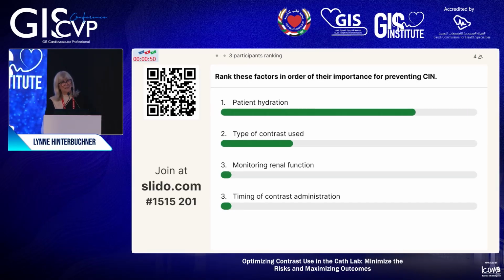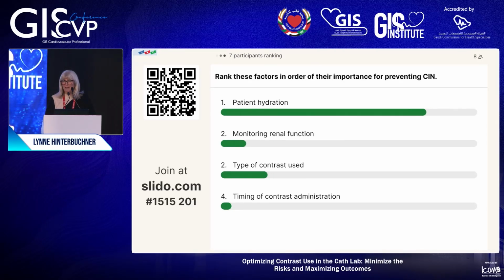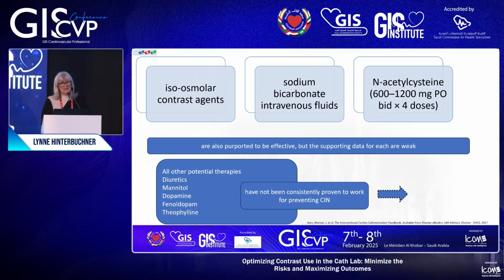Some people were paying attention. Excellent. Type of contrast used. More important is how much is used. Renal function, you should be monitoring that for sure. Certainly the day before, but also afterwards, because some of them don't peak for a couple days afterwards. And thanks everybody for participating.